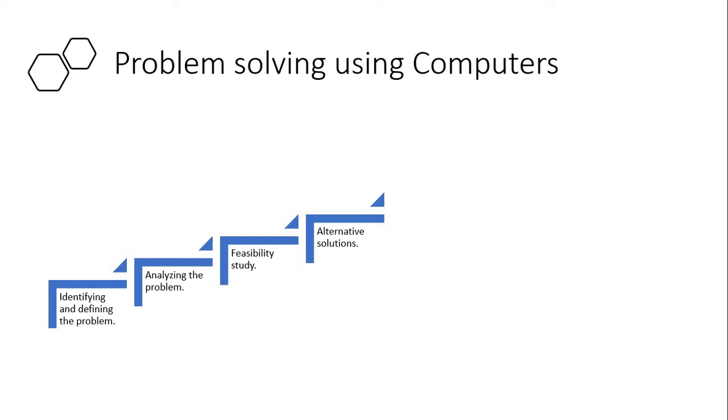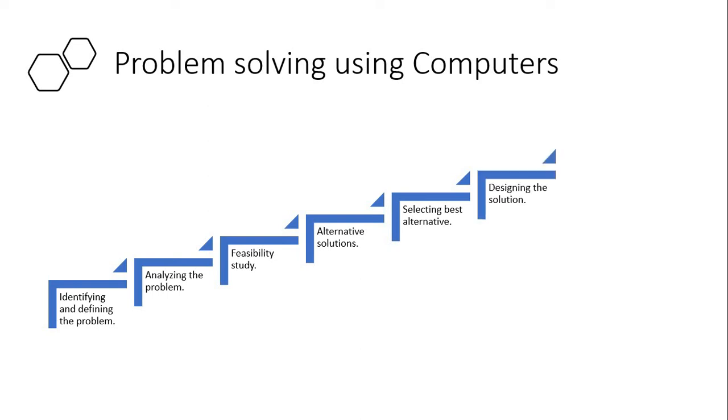At this step, various alternatives are listed. Once all the alternatives are listed, among all these alternatives, which is the best alternative is selected in the next step. Most efficient and most affordable alternative will be chosen from the given alternatives.